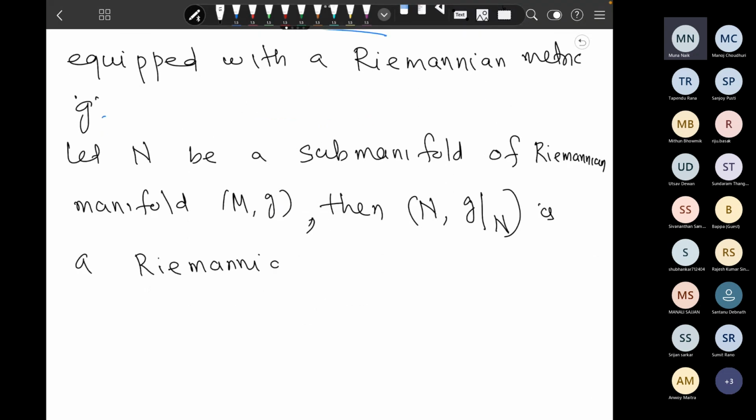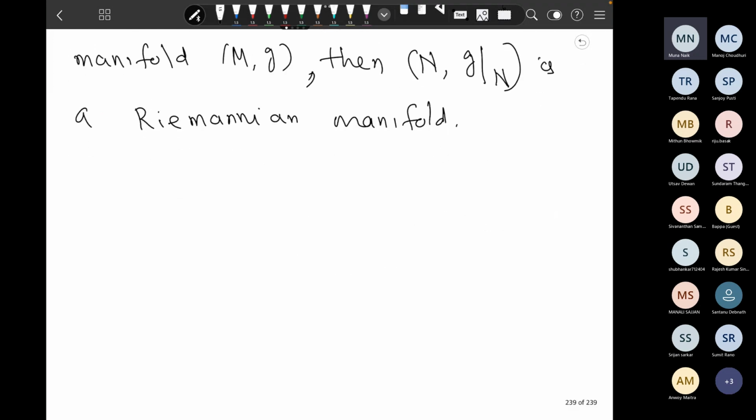We will give various examples of Riemannian manifolds, but for the time being I will give just one example. This is Rn.